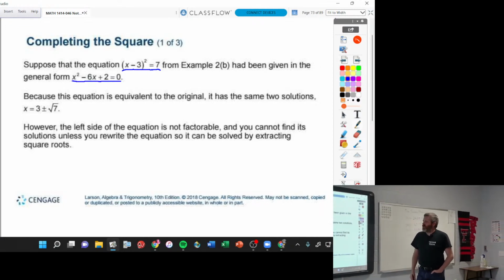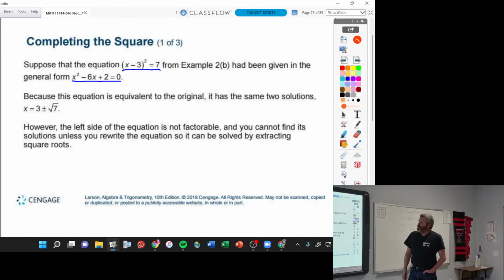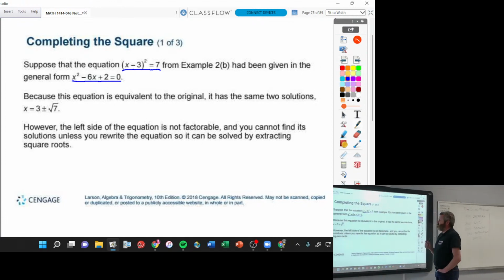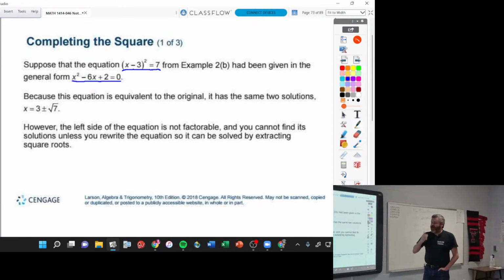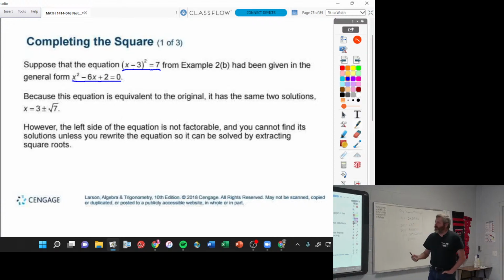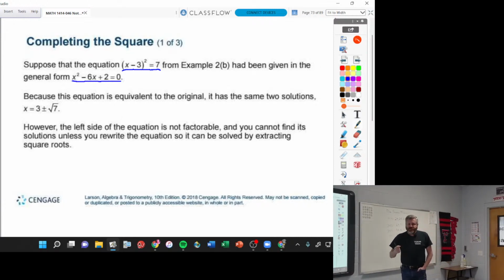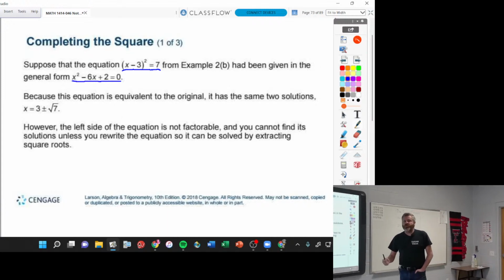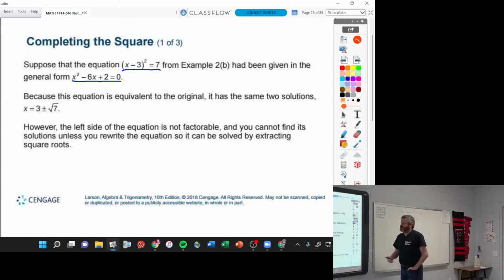And they're both going to have the same answers. x squared minus 6x plus 2 is not factorable. So factoring this is not an option. And that's where this method called completing the square comes in. Any quadratic can be solved by completing the square. All of them. Completing the square always works. It's just a little extra work.